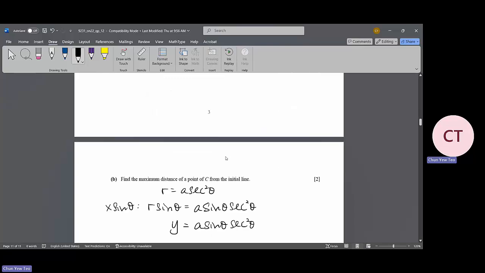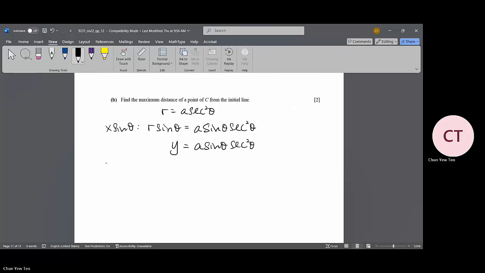So the y max, when theta equals pi over 4, will equal a sin pi over 4 times sec squared pi over 4. You can see that from the graph; it's very obvious.